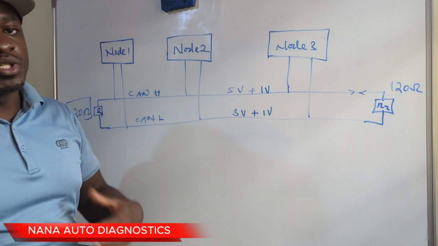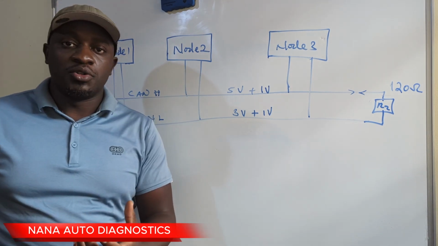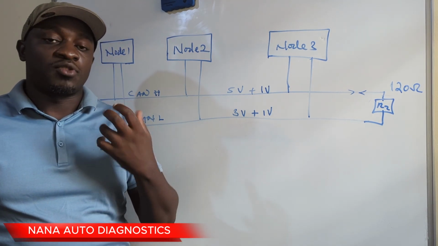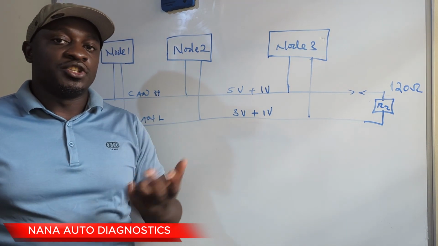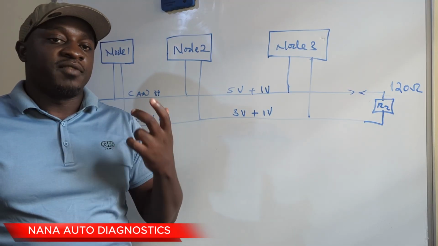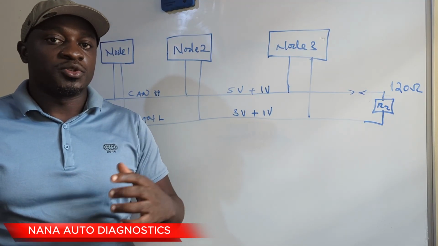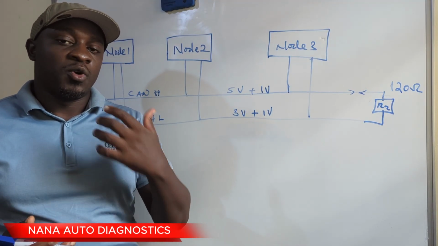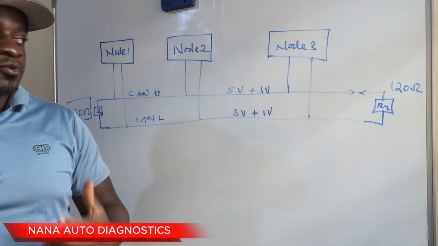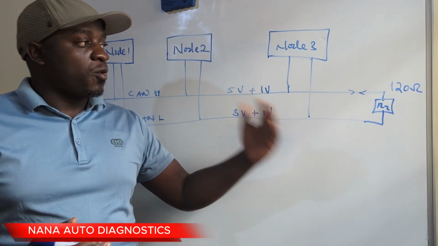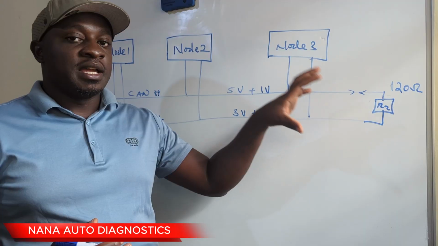Some of these modules may include the ABS module, the instrument cluster, the engine control modules. You can find it in the TCM. So it is always advised to check your wiring diagram to be able to find exactly where these resistors are located.